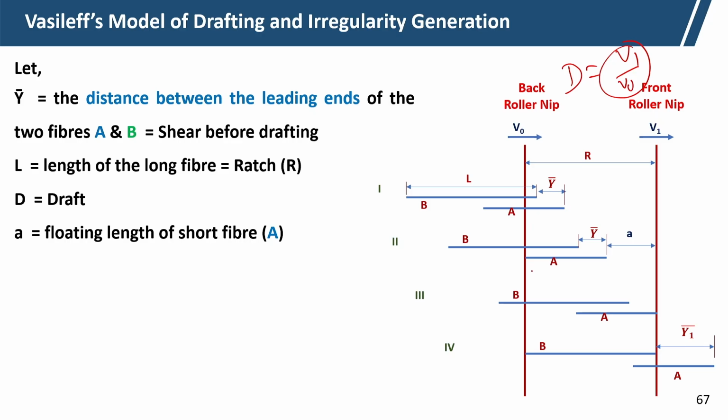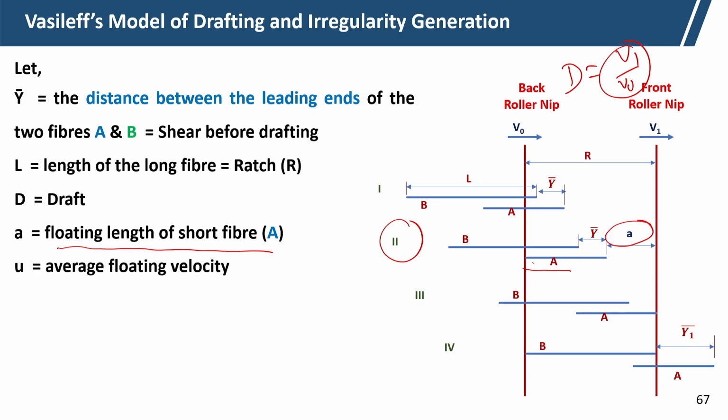In case 2, the short fiber is about to leave the back roller nip, and it has to travel the distance A as a floating fiber to reach the nip of the front roller. The long fiber has no floating length because its length is equal to the ratch.